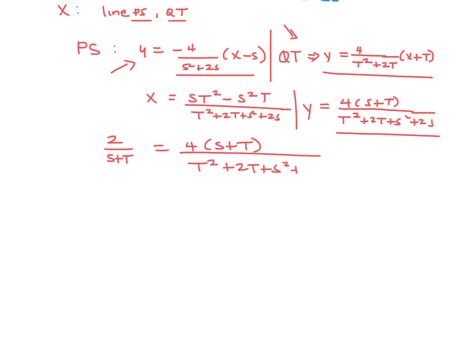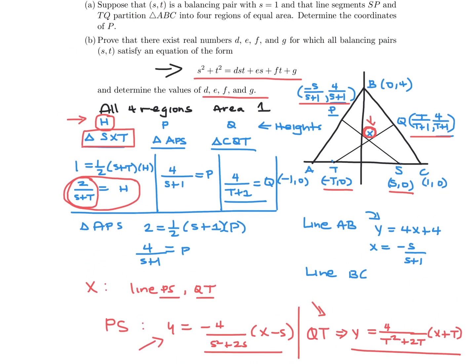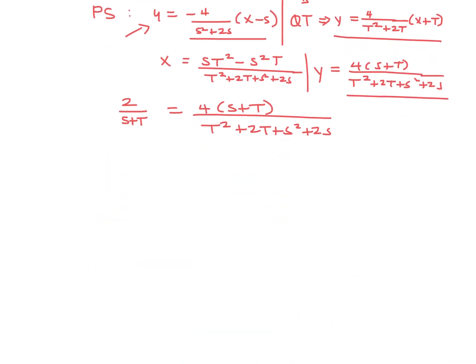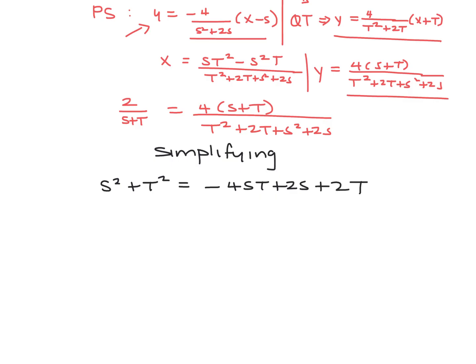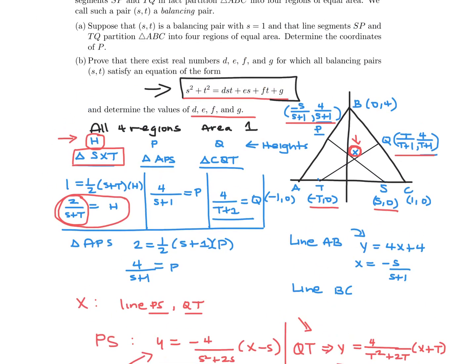Now I believe that if you simplified this, we would get the equation they are trying to get. When you simplify, cross multiply, collect like terms, you would eventually get s squared plus t squared is equal to minus 4st plus 2s plus 2t. Let's see if it fits. Let me write this down and compare.